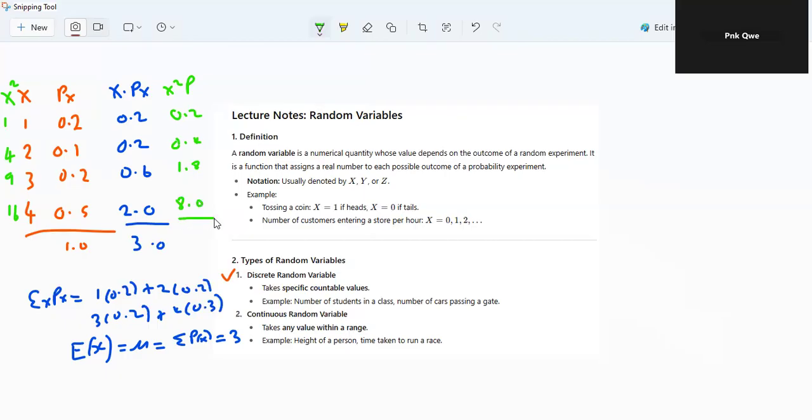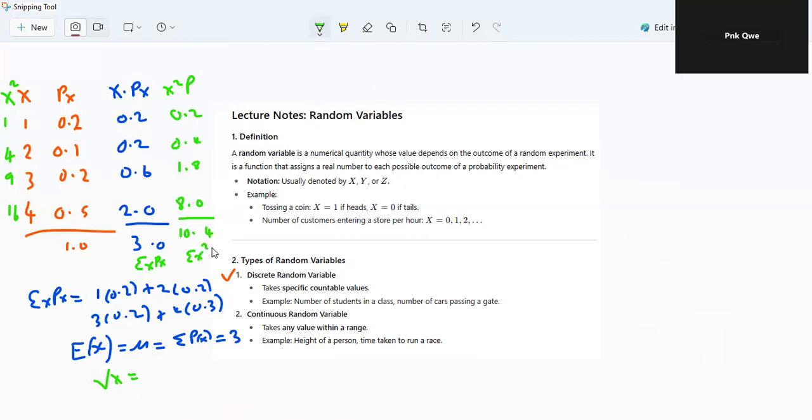So we add here 2 plus 4, 6. 6 plus 8, 14. And here we have 10.4. The variance we use here is different from the one in statistics. This was the summation of xp(x), and this was the summation of x squared p(x).